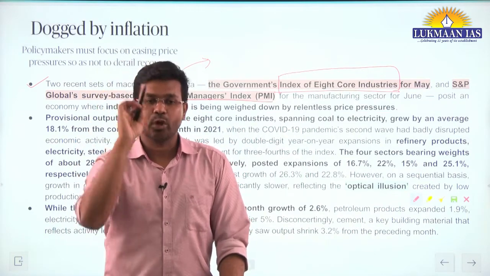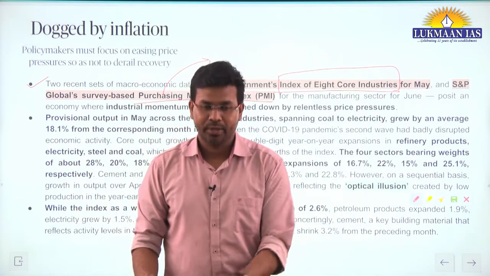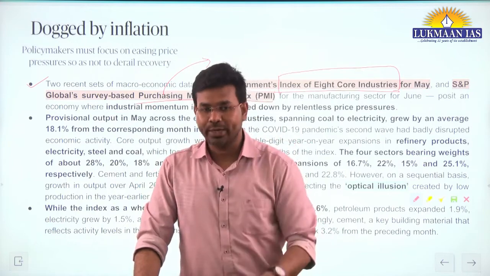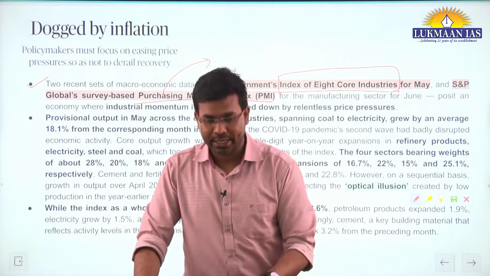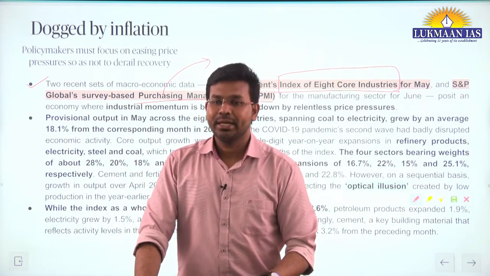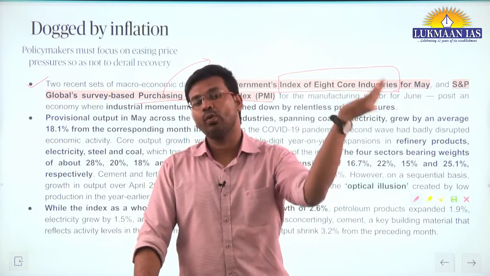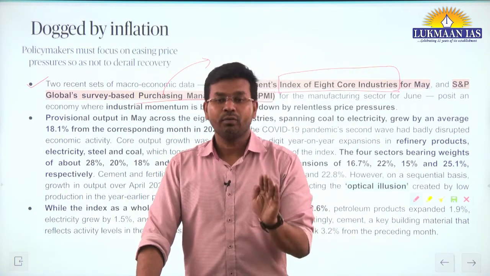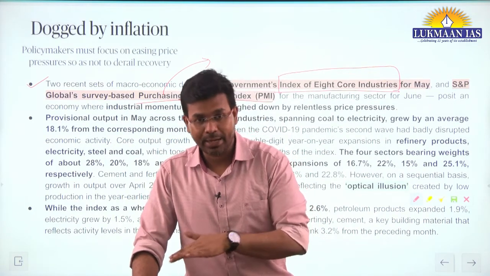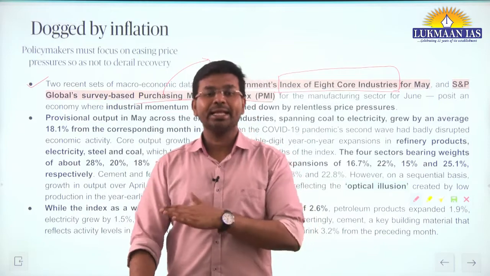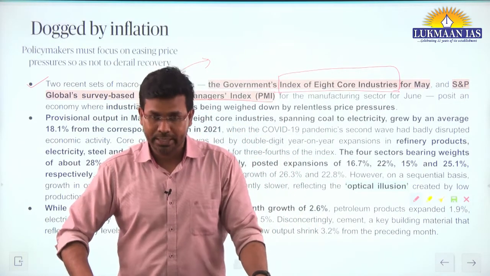One of the problems is the ongoing geopolitical tension between Russia and Ukraine. Apart from this, the capital flight from the Indian economy, meaning those people who have invested in the Indian economy, foreign institutional investors, have also taken out money, and they are in the process of taking out money from the Indian economy.